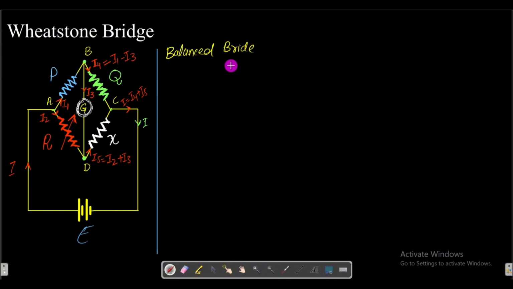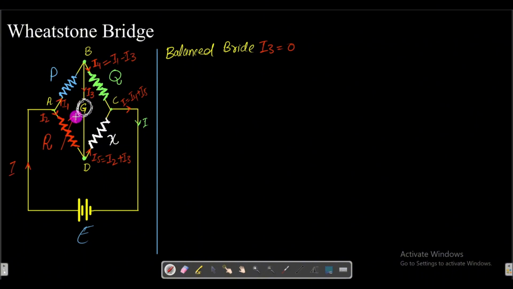In a balanced bridge, the current I3 will be zero. This means that no current will pass through this galvanometer, and the galvanometer will show us zero deflection.